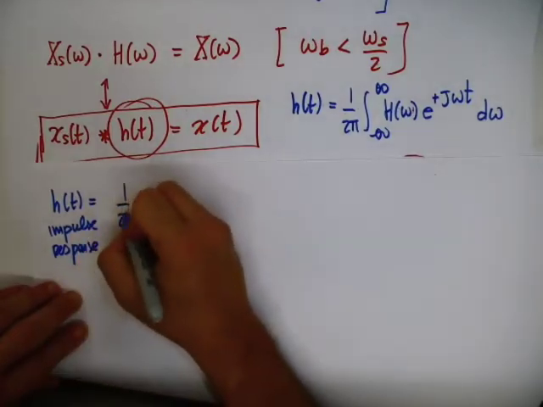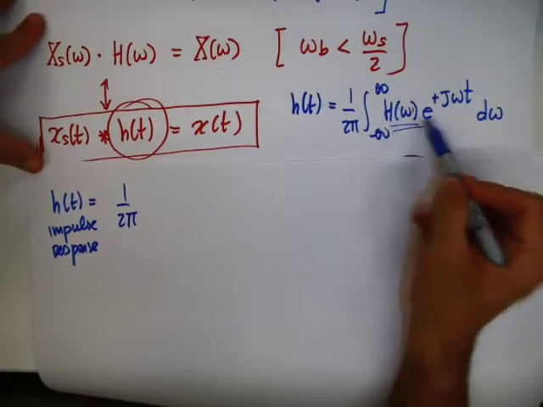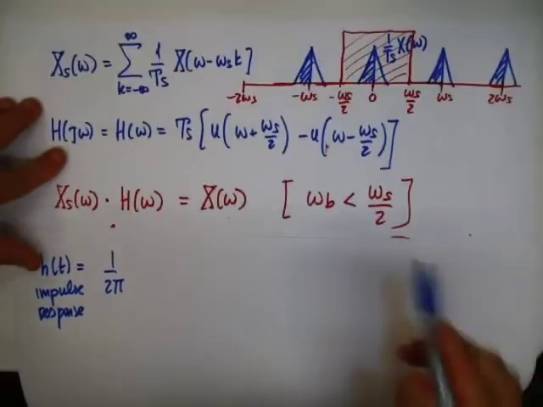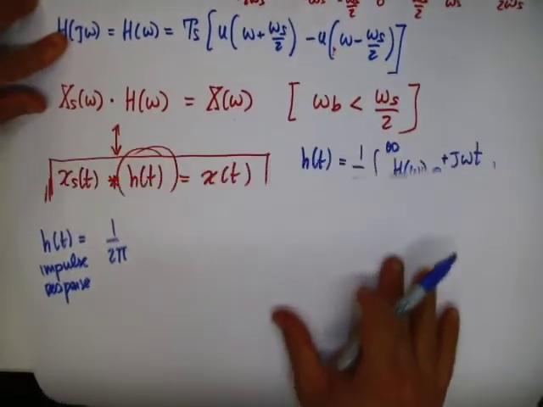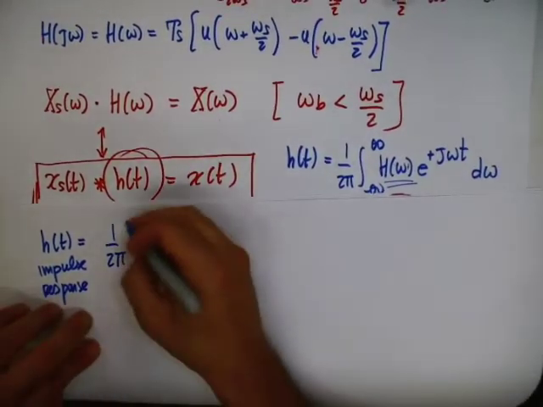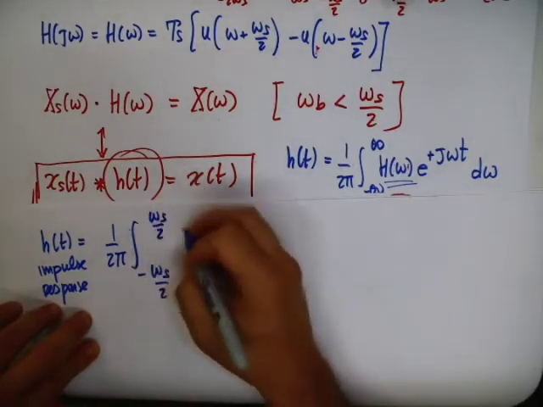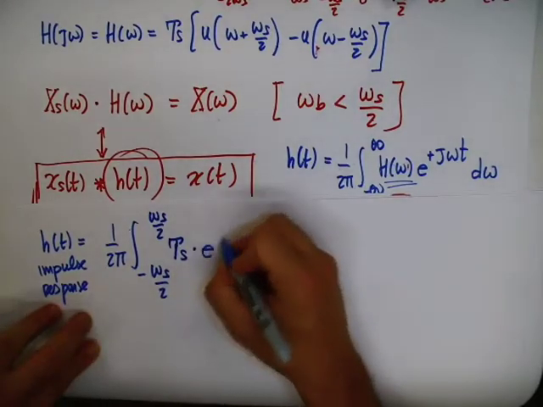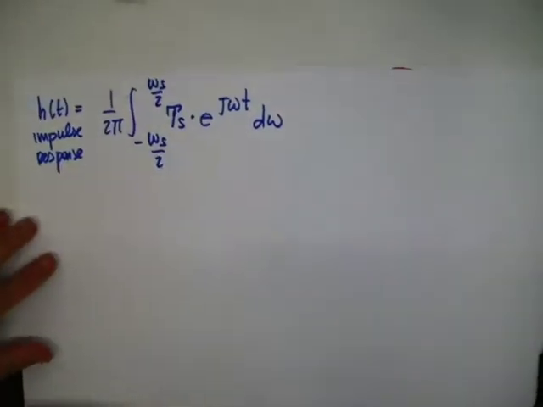This is equal to 1 over 2 pi. And now this signal, the spectrum of the impulse response, is only localized between minus omega s divided by 2 and omega s divided by 2. So this is equal to the integral between minus omega sub s divided by 2 and omega sub s divided by 2 of amplitude Ts times e to the j omega t d omega. And let's do now the calculations.